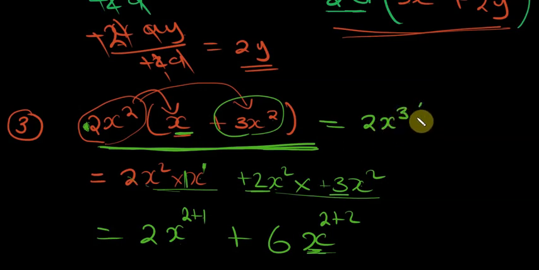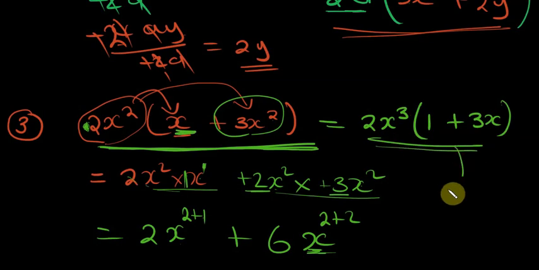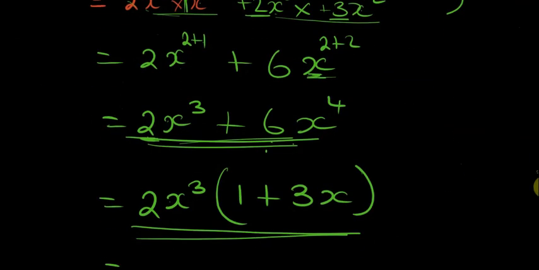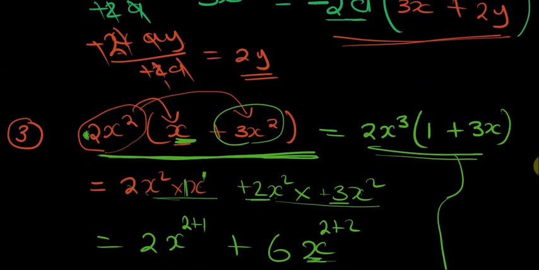It becomes x cubed. Then this will become 1. That will become 3x, which looks exactly like the answer we got down here. Alright, cool stuff.